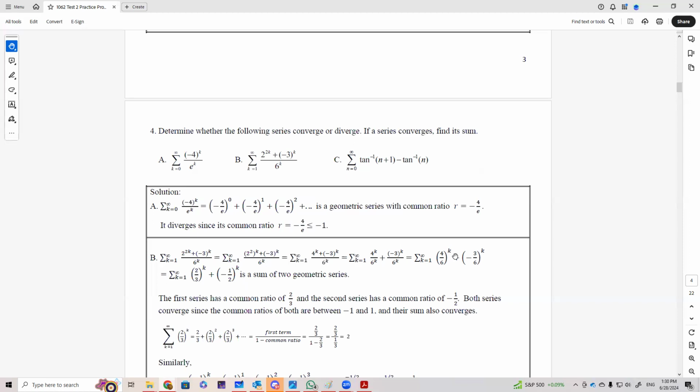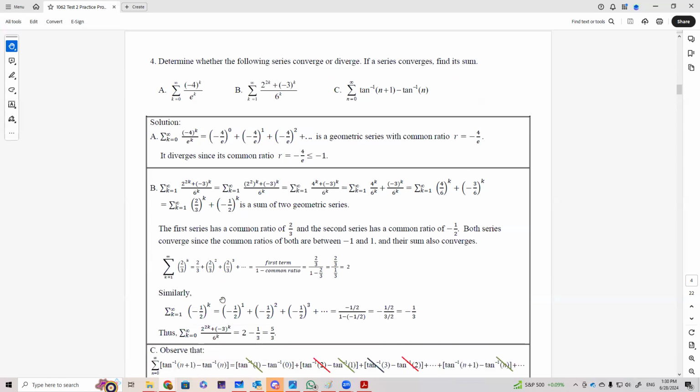And by properties of series, this is going to be convergent only if these two series are individually convergent. The good thing is that each of them is. The series of 2/3 to the k is a geometric series with a ratio less than 1. You can actually compute what the sum is, which is 2.